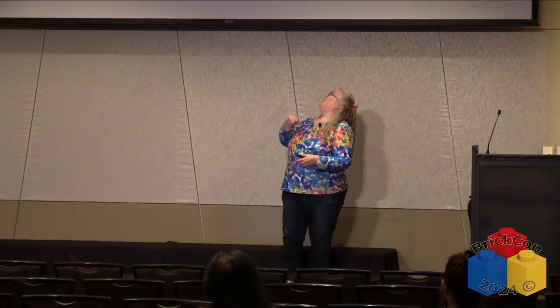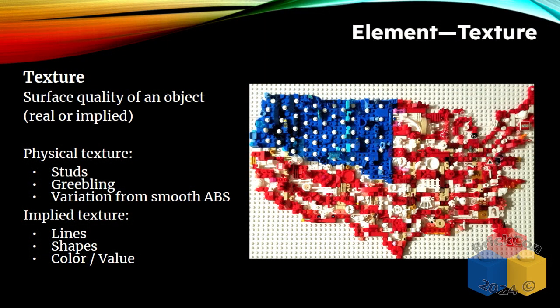And so the Greeblies comes from that. Lego AFOLs have kind of adopted it into greebling, which is just giving anything an amount of texture. You'll see all sorts. I've got all sorts of pieces in that greebled image. But you can see the shape of the flag implies texture as well as the color and values.